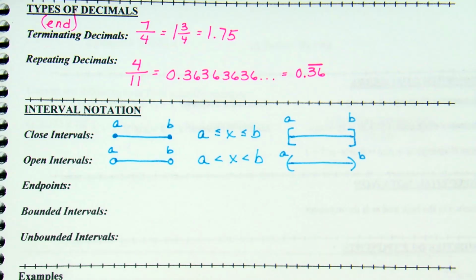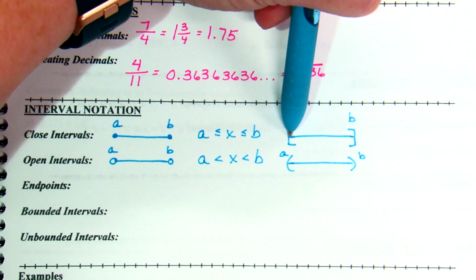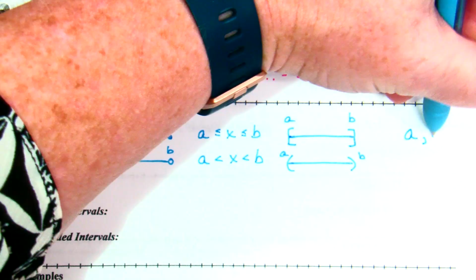And so when we read interval notation, which we'll practice some of on the backside, instead of using the less than greater than sign, we read this interval starts at A, comma, this interval ends at B. A is included, it has a bracket.